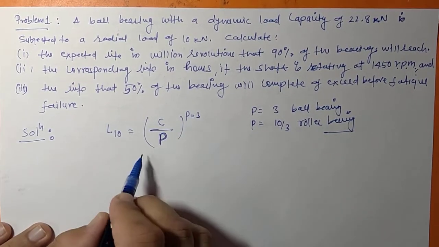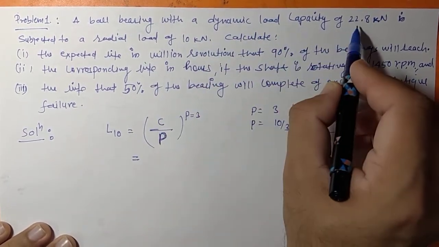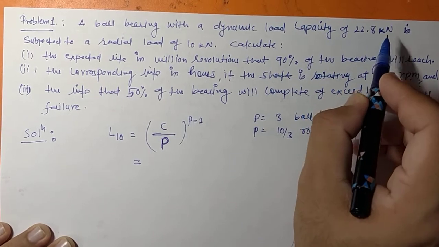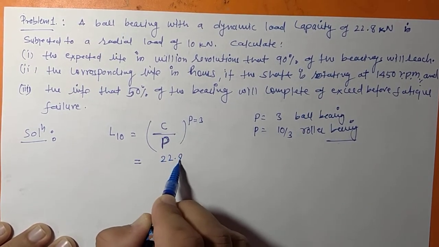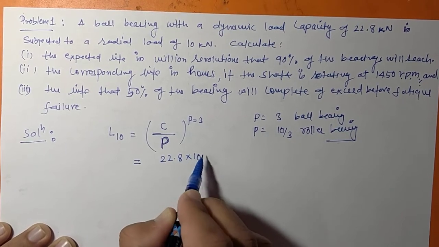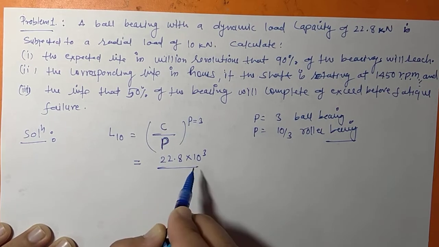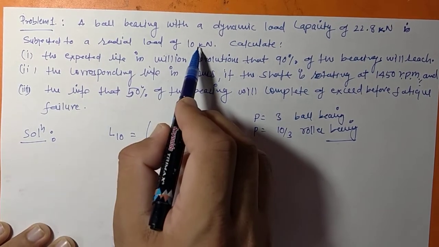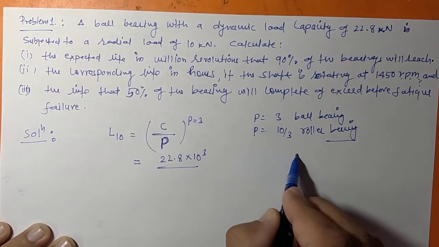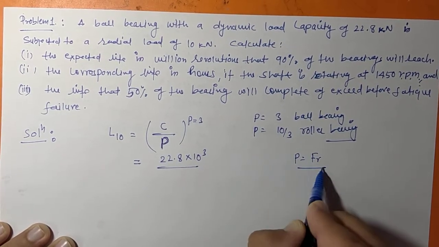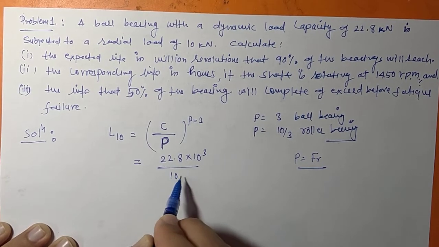So in this numerical, C, the dynamic load capacity, is given as 22.8 kilonewton. So C equals 22.8 multiplied by 10 raised to power 3 Newton, and only radial load is given here, so there is no axial load. So P equals Fr only, which is 10 kilonewton.